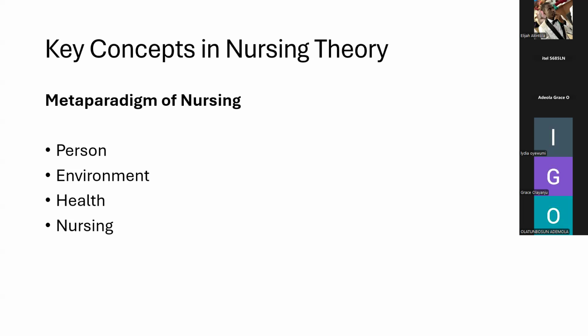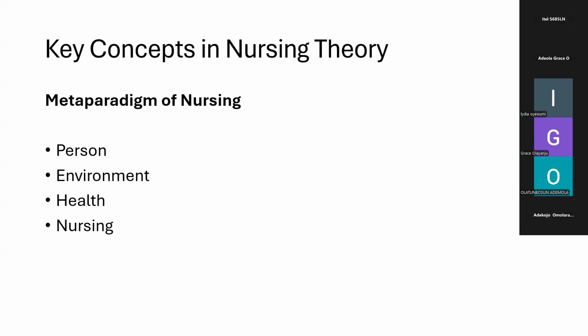And this meta paradigm also reflects on the philosophy we talked about, our paradigms and worldview, the lens we are wearing. Some theories will see a person as somebody who is in need, who is there waiting for the nurse to care for him, or waiting for the healthcare providers to do things for them.